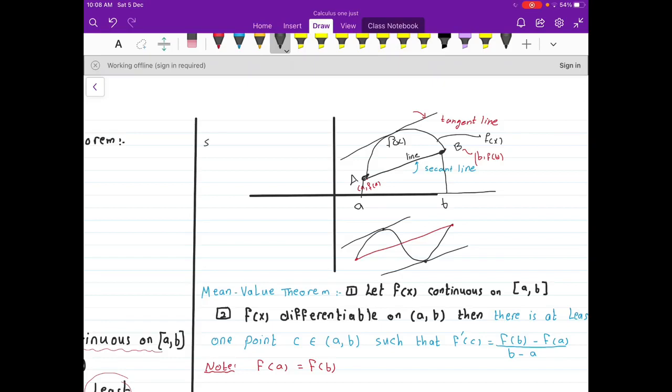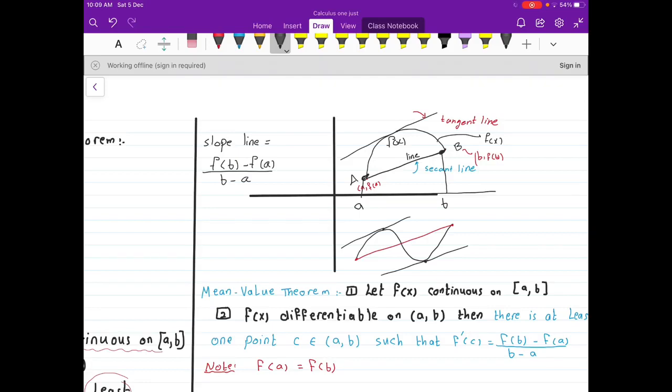The slope of the line which is the secant, this line joins between 2 points A and B. The slope of the line we know delta y over delta x. That means the slope of the line f(B) minus f(A) over B minus A. لاحظ إن صورة ال A does not equal f(B).